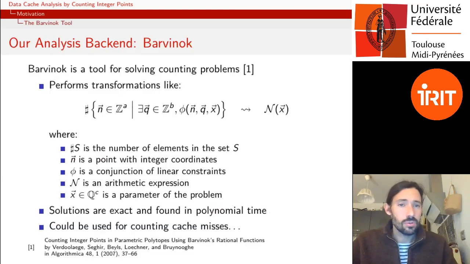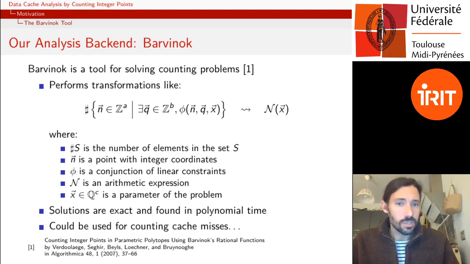The tool we are going to use as a backend is called Barvinok. It's a tool which takes as input a description of a set. This set is made of points having some integral coordinates.